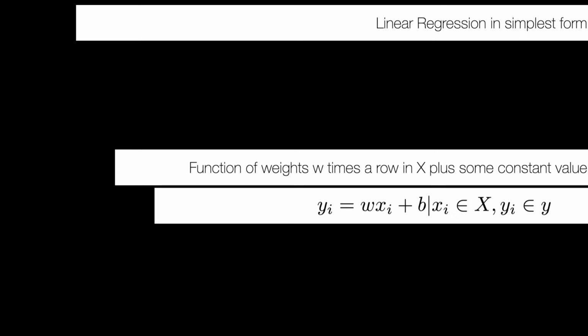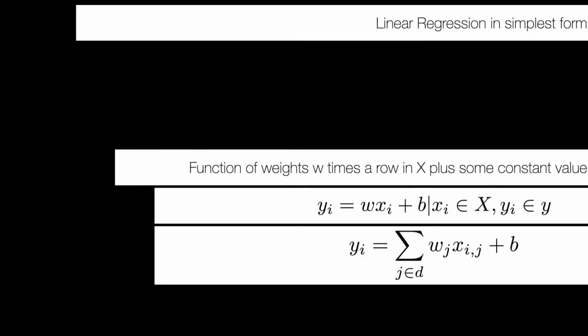We can mathematically show this as y sub i, this fruit score or fruit scoreness, is the combination of some bias or constant value b plus the connection or the product of our weights and our x, a vector for that particular row of our data matrix X. This is why that x sub i is a row in X, and y sub i is an element specifically in this y score vector.